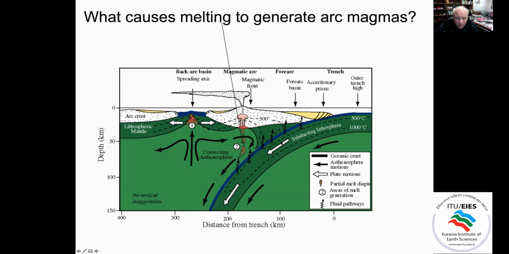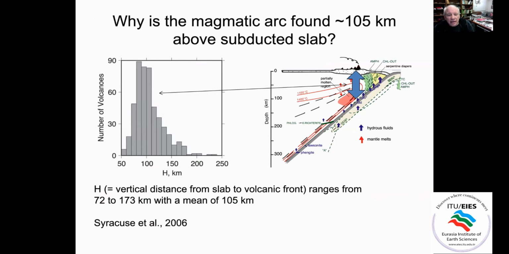Okay, so these fluids are coming out of that mixture and rising up into this convecting asthenosphere and being added to it, water in particular, also trace elements from sediments. And these things happen very characteristically at a given depth above the subducted slab.